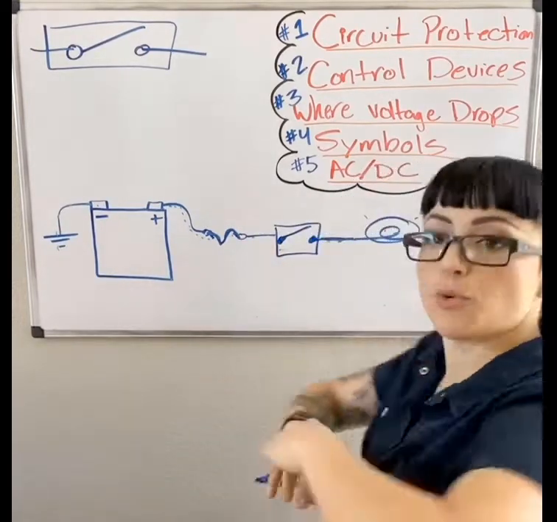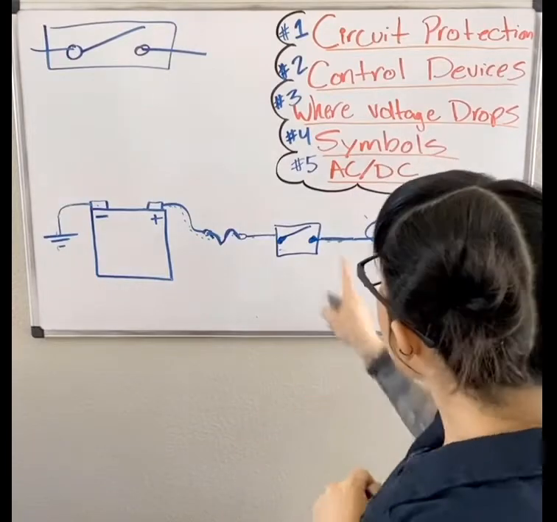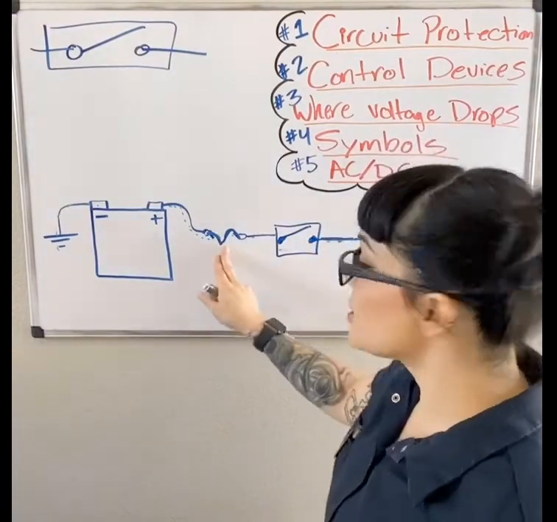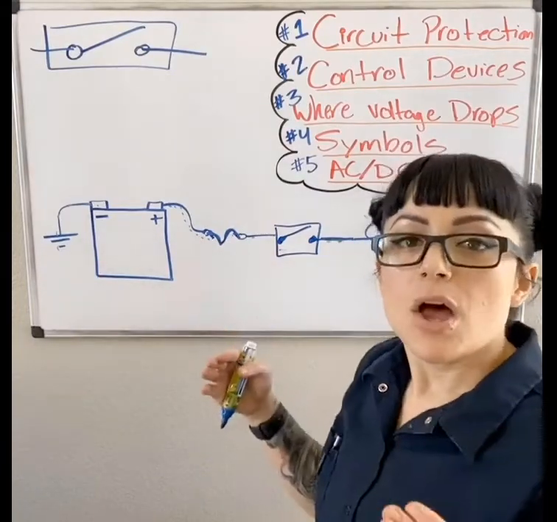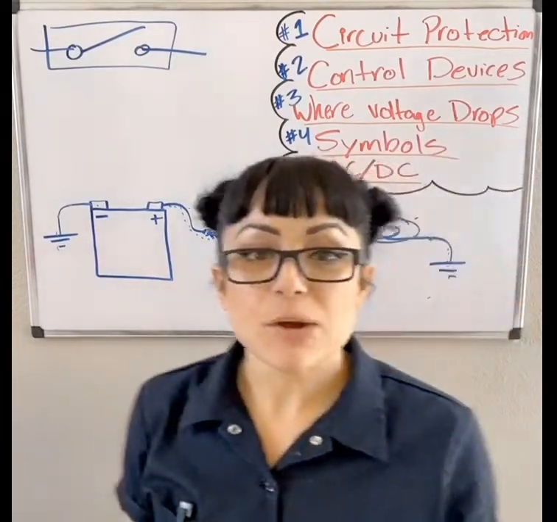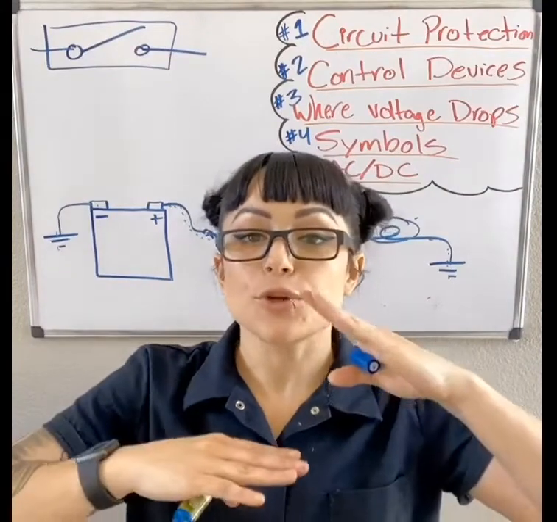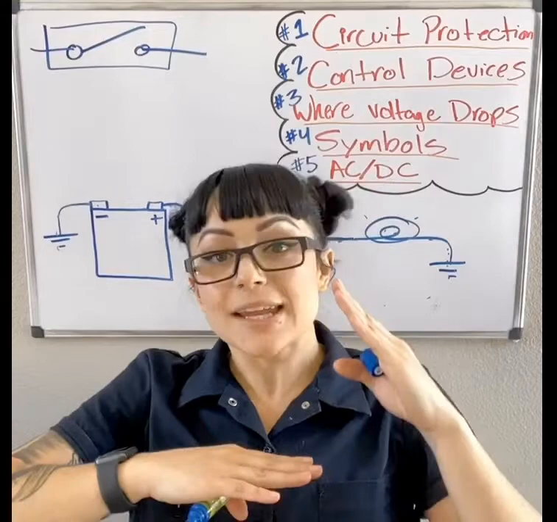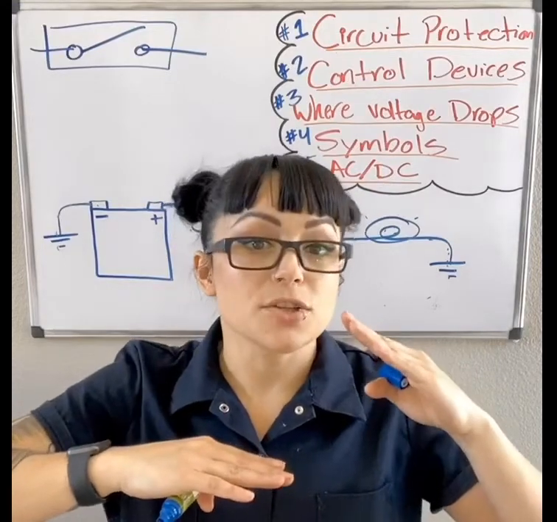If I open my toggle switch, I lose my connection here, doing pretty much exactly the same thing we talked about with the fuse opening up. Your switch, or any control device, is simply going to connect and provide continuity for the circuit, or disconnect and not provide continuity for the circuit.